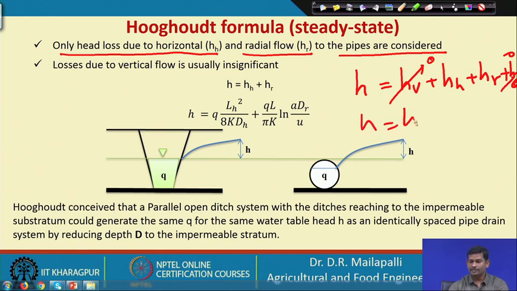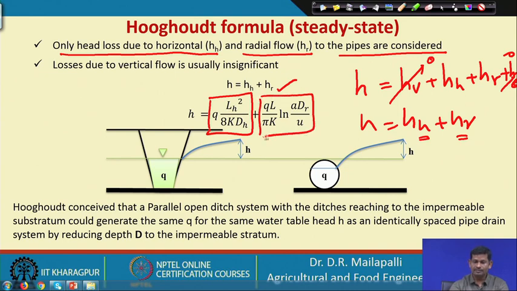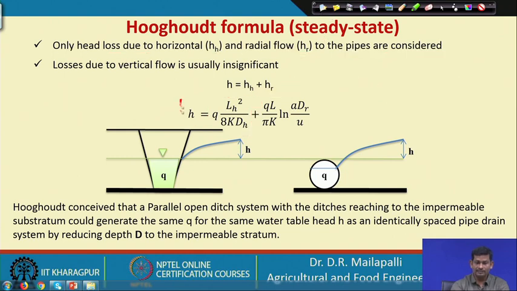So, now H is equal to H_H plus H_R, that is head due to horizontal flow and head due to radial flow. This is for H_H, which we derived in the previous lecture, whereas H_R is from Ernst's equation, which we also showed in the previous week. Combining these two, you get the head at any point from the drain spacing.